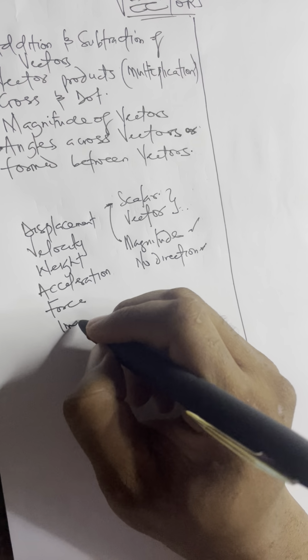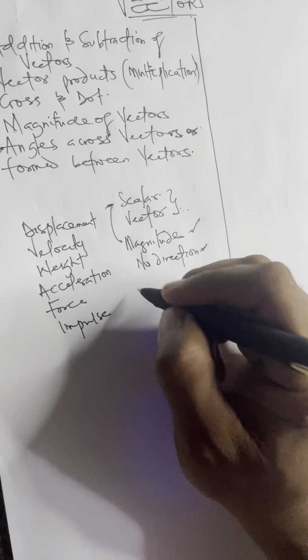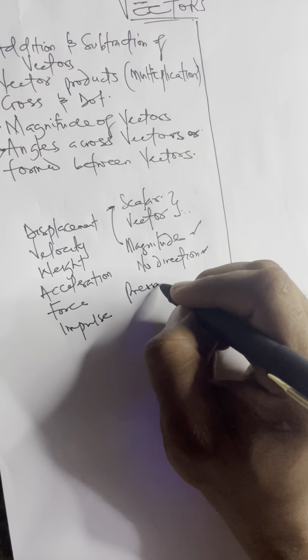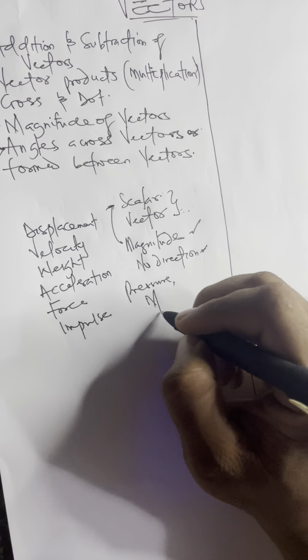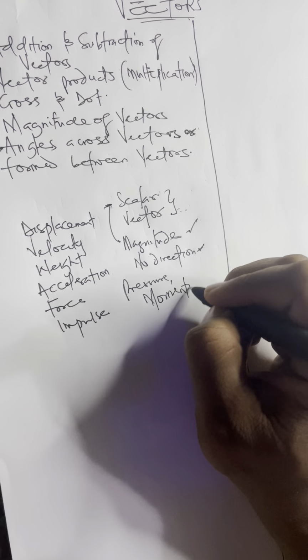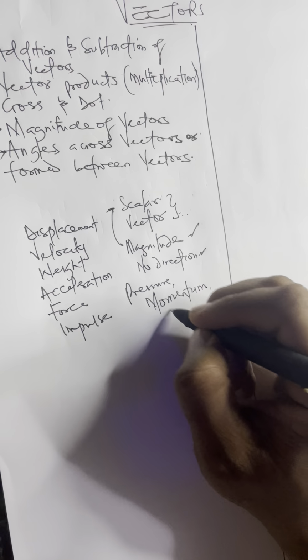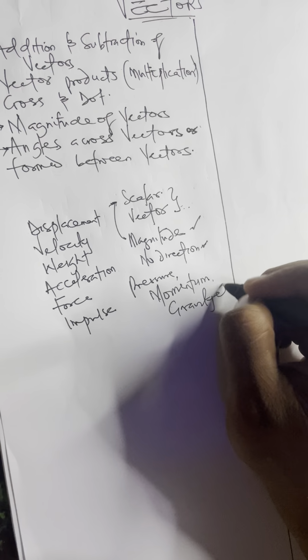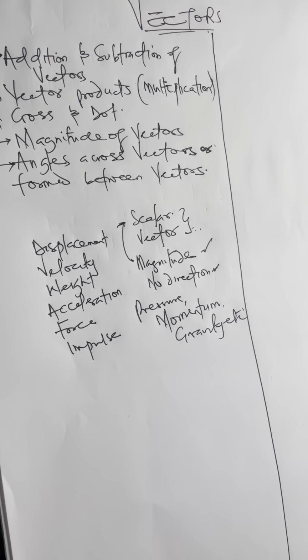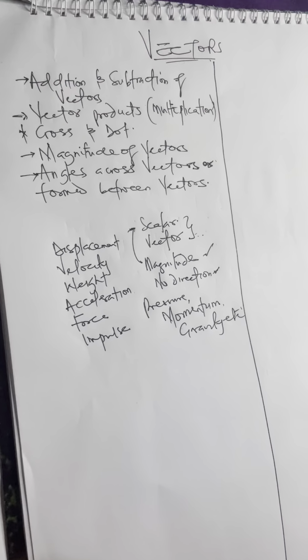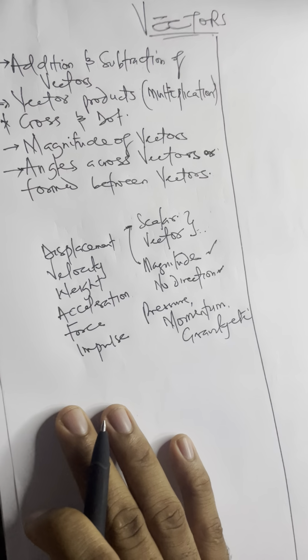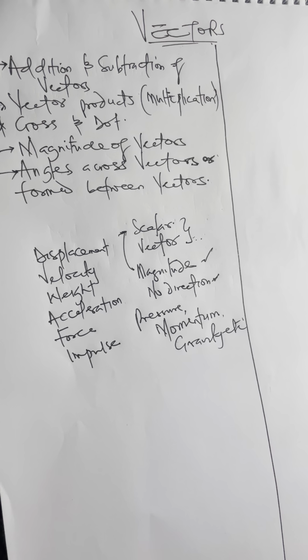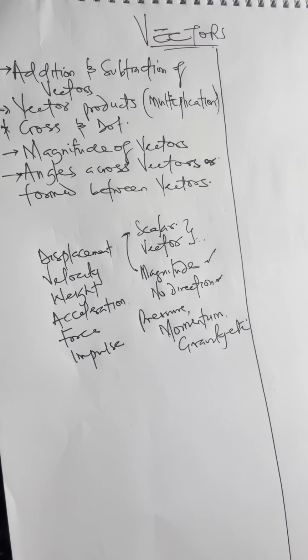We also have impulse, pressure, momentum, gravity, etc. These are examples of vector quantities. And remember, don't forget that vector quantities are quantities that have magnitude and also direction.